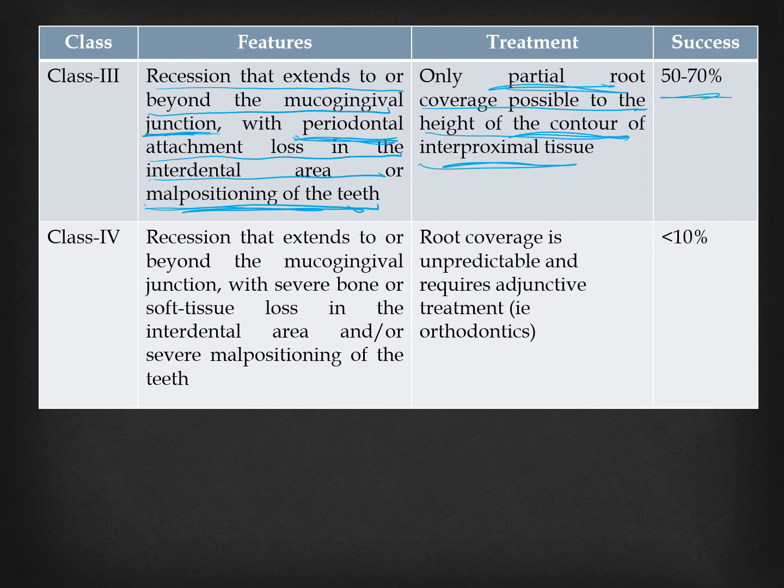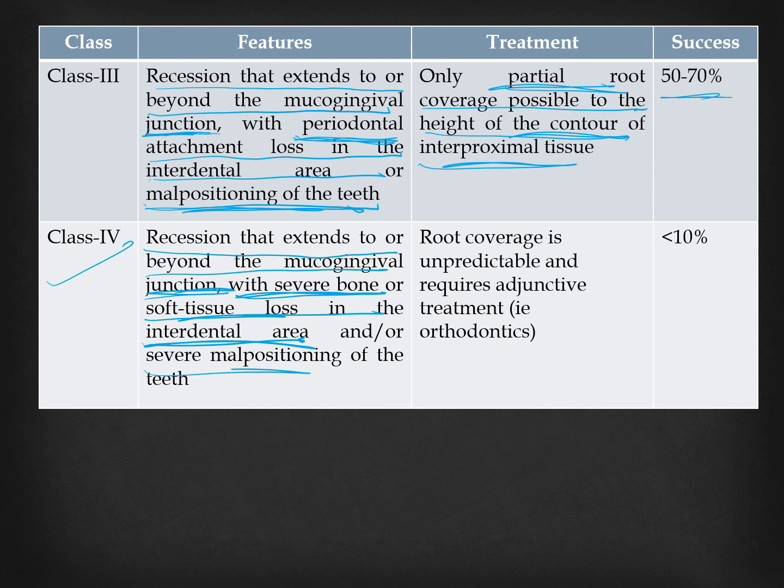Class 4 is what? Recession that extends to or beyond the mucogingival junction. This criteria is similar to that of class 3 and class 2, with severe bone loss or soft tissue loss in the interdental area. The difference between class 3 and class 4 is only about the severity. That means in class 3, there is loss of periodontal attachment in the interdental area, and in class 4, there is severe loss of attachment in the interdental area.